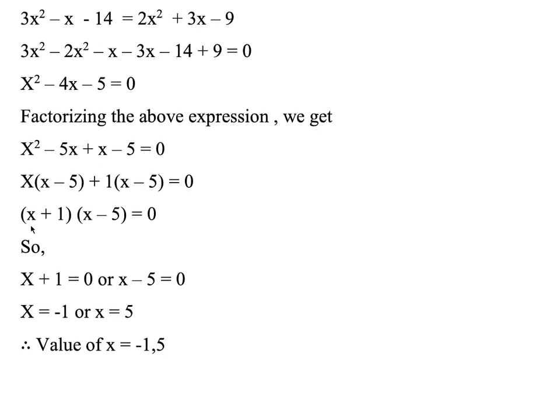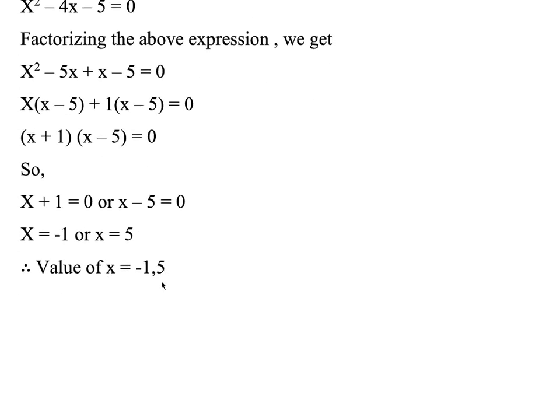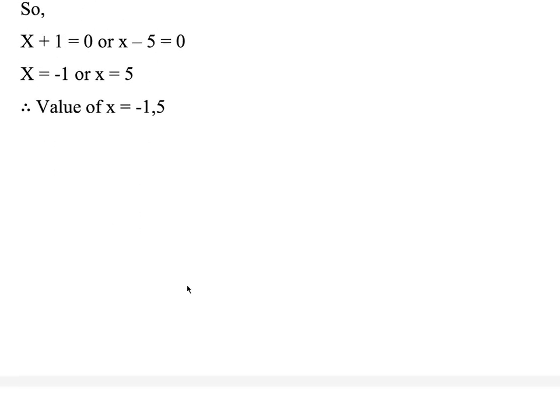At the end you will get (x plus 1)(x minus 5) is equal to 0. You can take a screenshot also of this solution. So the value of x will be minus 1, and in the second case x minus 5 is equal to 0. Here the value of x will be just plus 5.